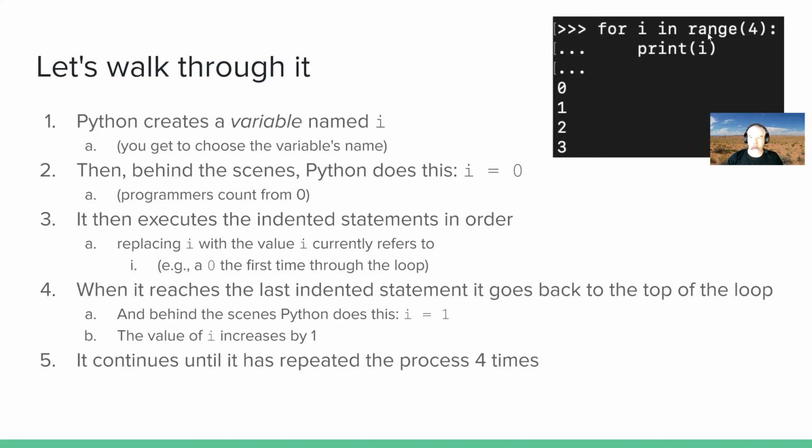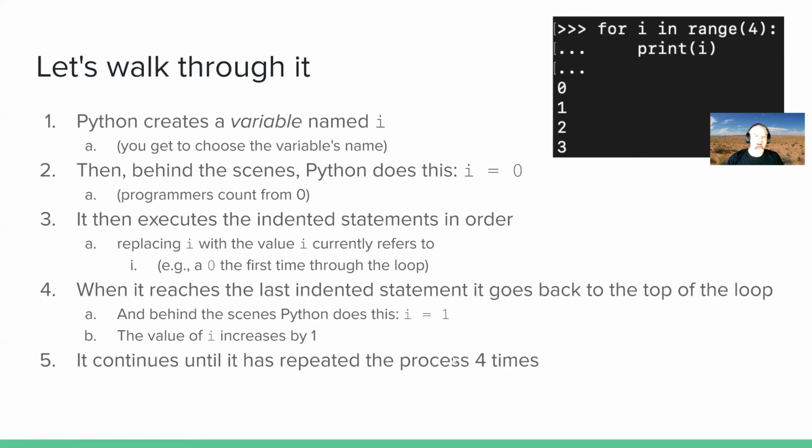So here range 4 will produce 0, 1, 2, 3, because it's right side exclusive. And so I is going to have the value 0, then 1, then 2, then 3, as it iterates through the loop one time after the other. It'll basically do this 4 times until I is equal to 3, and then it'll close out the loop.